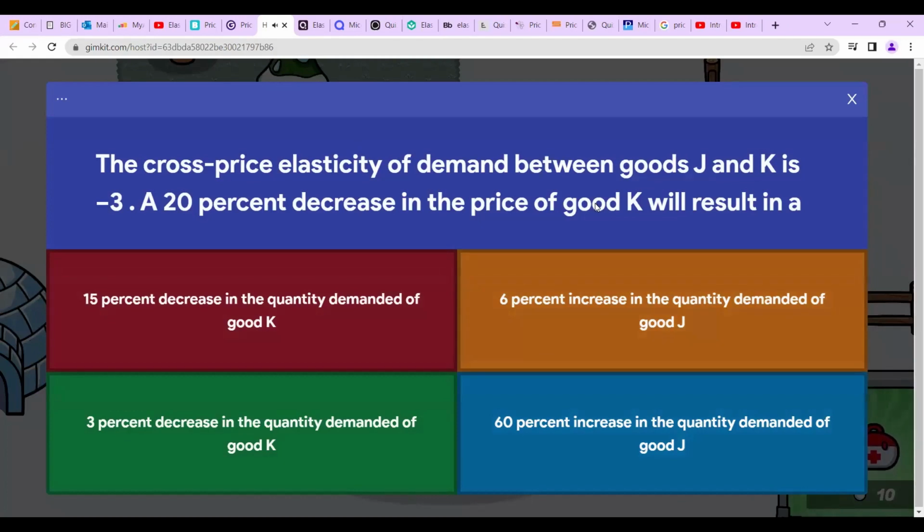The cross-price elasticity of demand between goods J and K is -3. A 20% decrease in the price of good K will result in a 60% increase in the price.